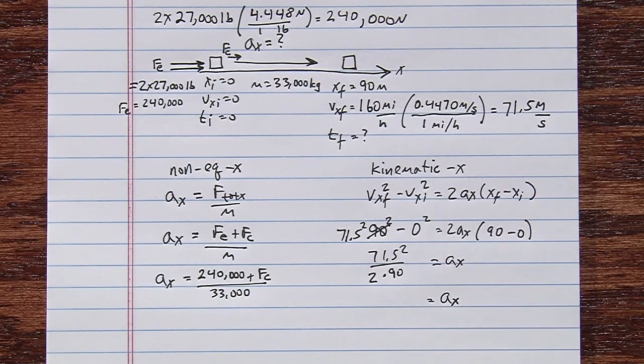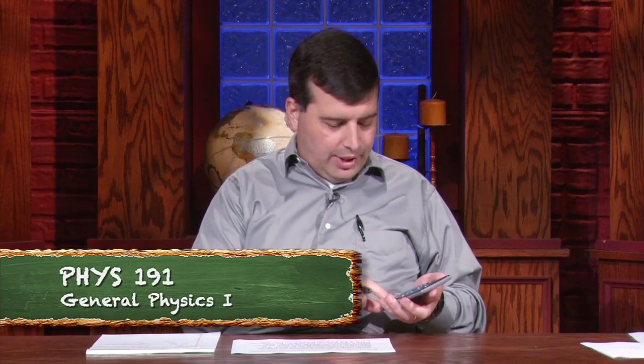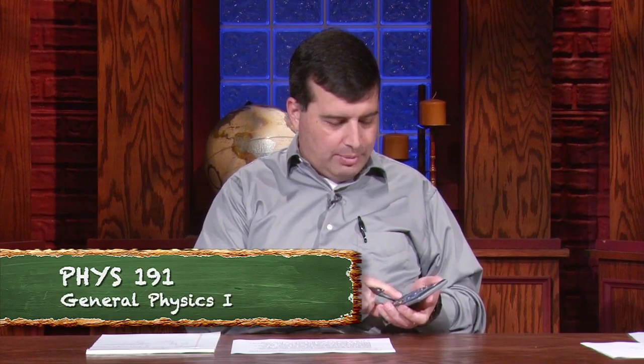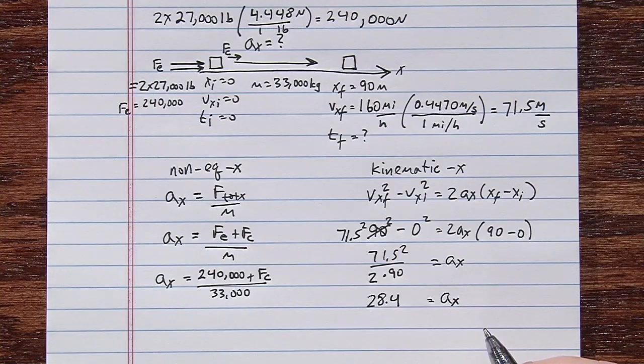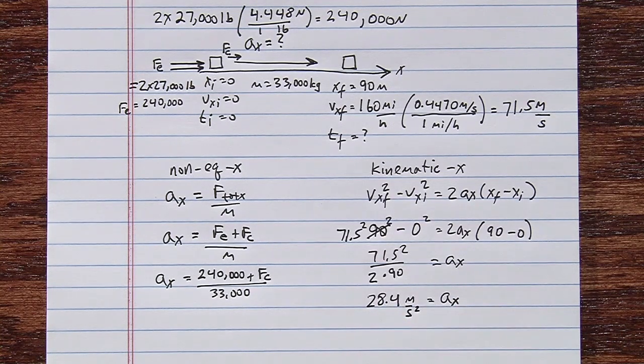And so 71.5 squared divided by 2 and divided by 90 is 28.4. 28.4 meters per second squared is equal to Ax.